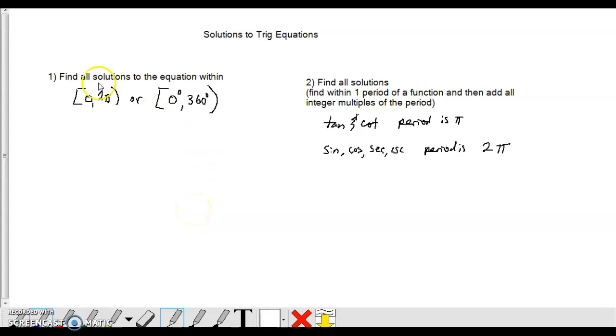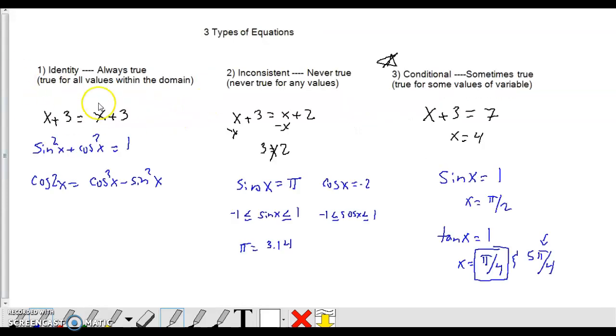The first one is we're going to find all of our solutions to the equation within 0 and 2 pi, or 0 degrees and 360. If we come back to the first problem, between 0 and 2 pi, technically this would have two answers.